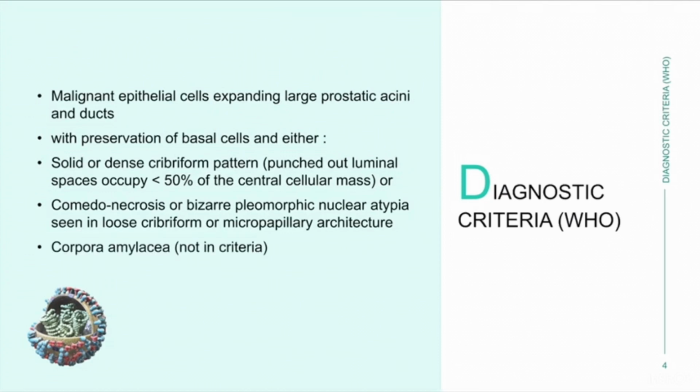Why do we say cribriform? Cribriform means it has punched out small lumina, like a cookie-cutter appearance as we have described in breast carcinoma. In a solid or dense cribriform pattern, the luminal space should comprise less than 50% of the total cell mass.